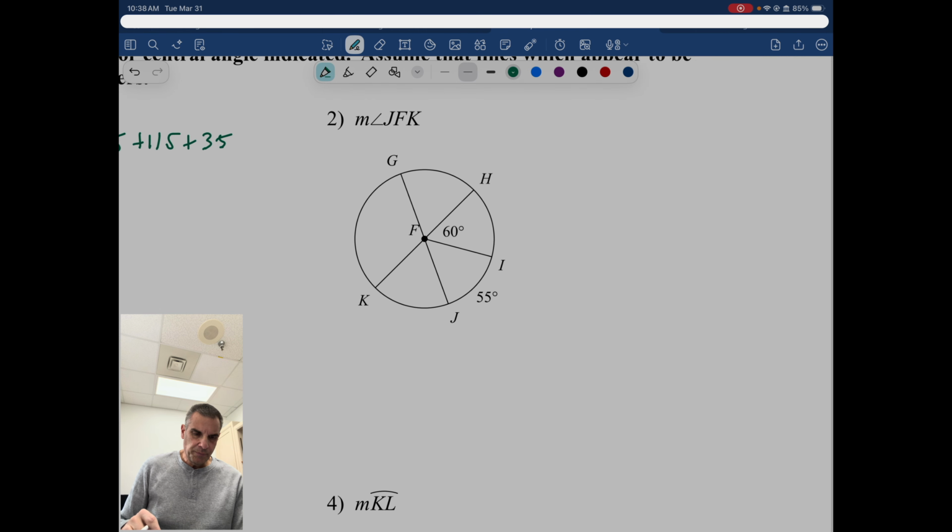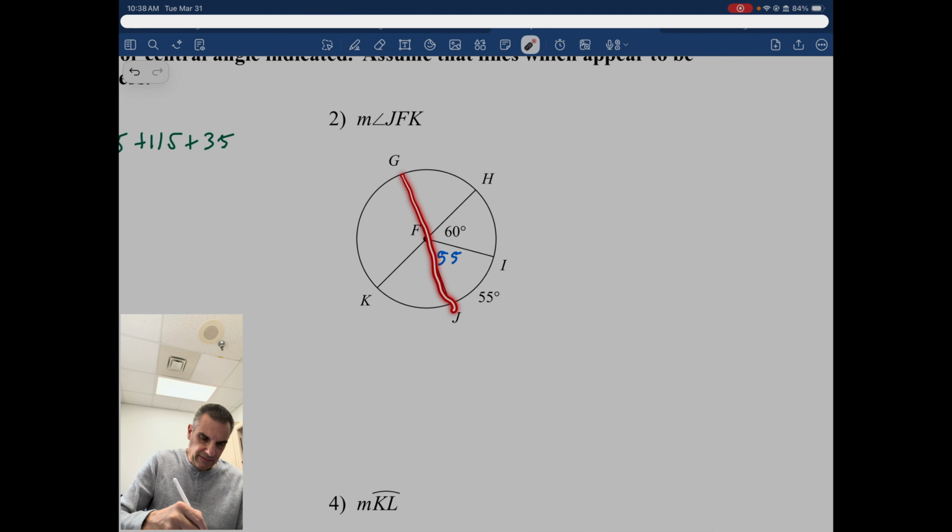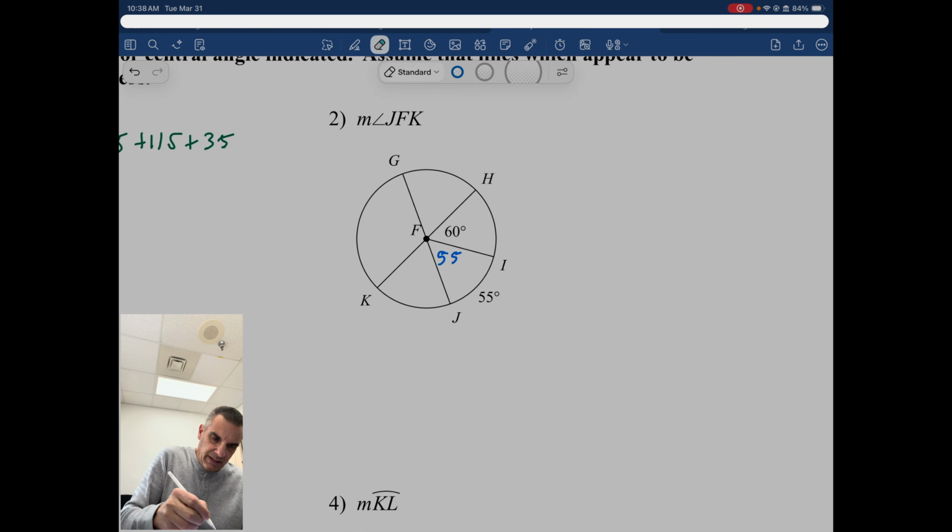Question number 2. Again, I'm going to figure out everything I can figure out here. I know this is 55. I've got a diameter sitting right here, so I know those 3 angles have to add up to 180. So 180 minus 60 minus 55 tells me that this is 65.